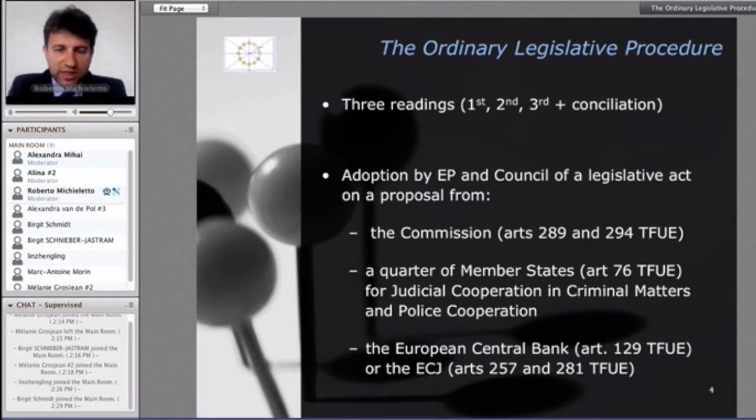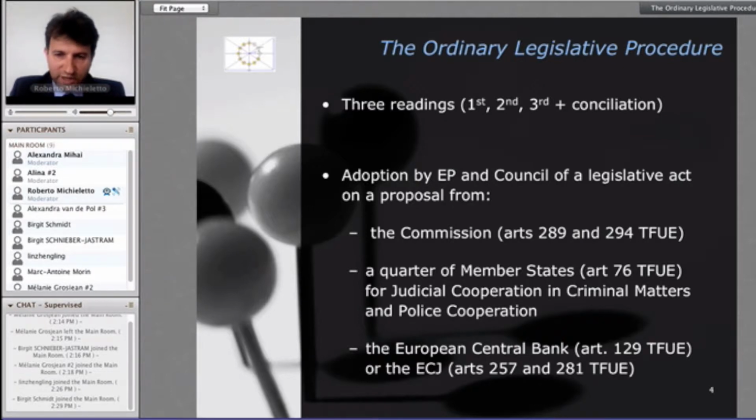So we know that there are 3 readings plus the so-called conciliation, but actually the third reading is the conciliation. The legislative act is proposed, as Alina already said, by the Commission, a quarter of member states, the European Central Bank, the ECJ, and then she mentioned, though it's not here, the Citizens' Initiative.